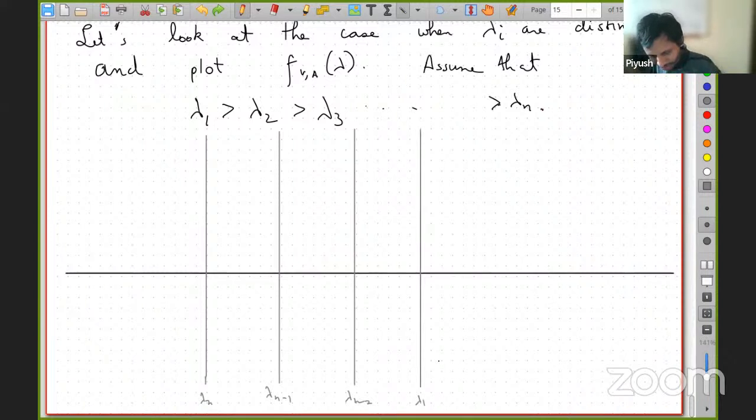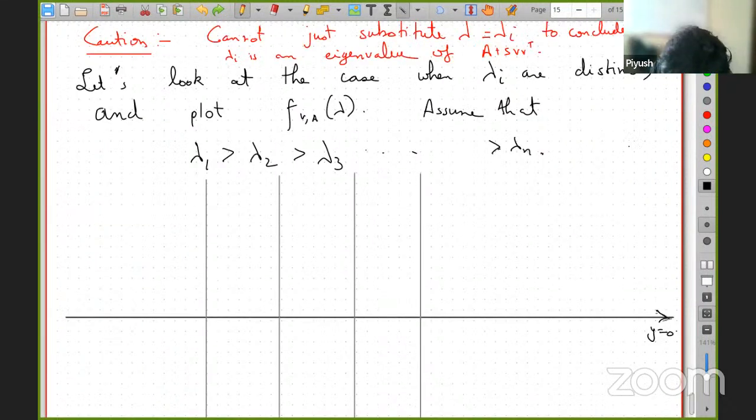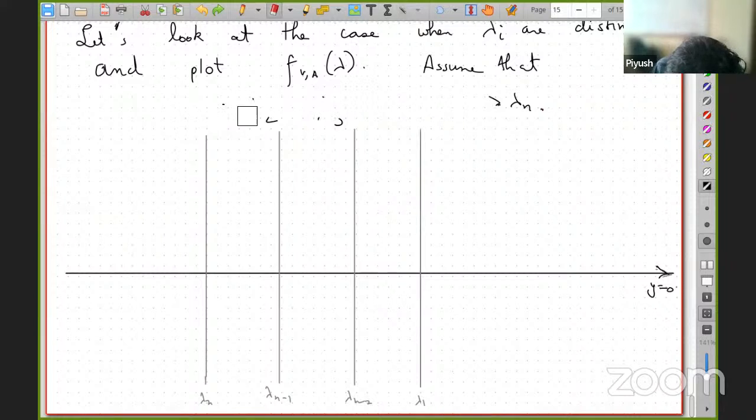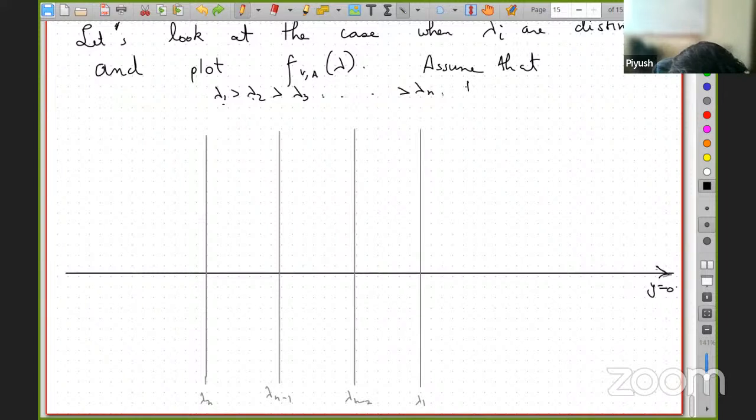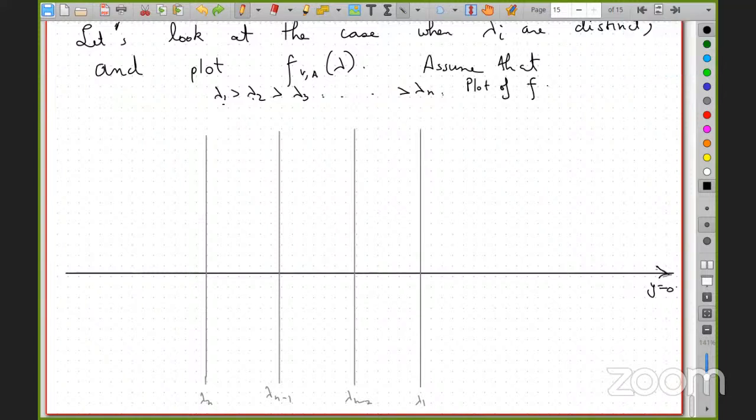Okay. So how does this function look? And this is the y axis. This line is y equal to 0. Sorry, can you show again what f of lambda is?